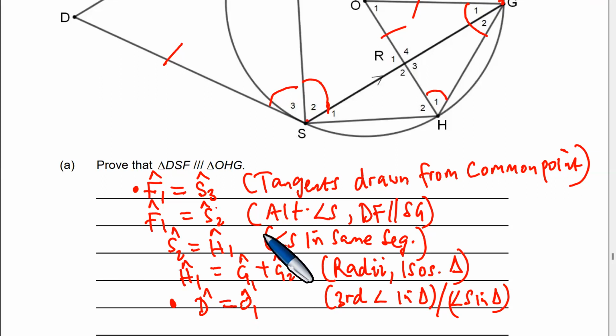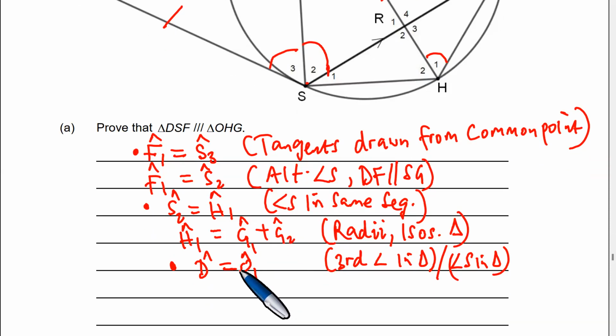So this one connects F1, S3, but also it connects H1. And H1 and G are equal. So there are many ways of writing the thing, but yeah.